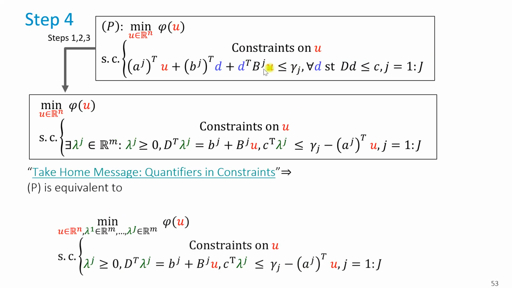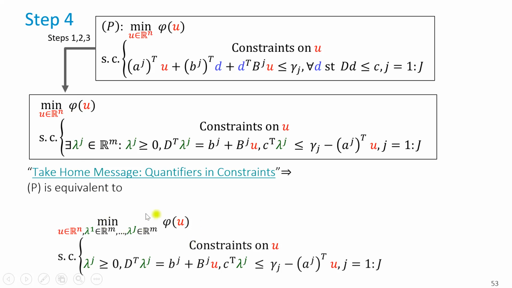I have replaced the embarrassing constraint here by those here. So you see, I've replaced the for all by a there exists here. Now, once I have a there exists, I don't care anymore about the form of this here, because I know from a slide we saw an hour ago that there exists is equivalent to adding the variables to the optimization problem.